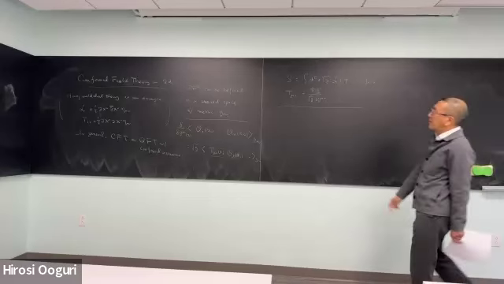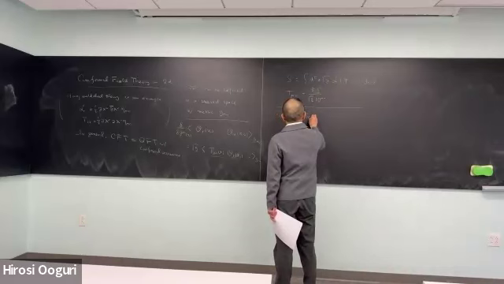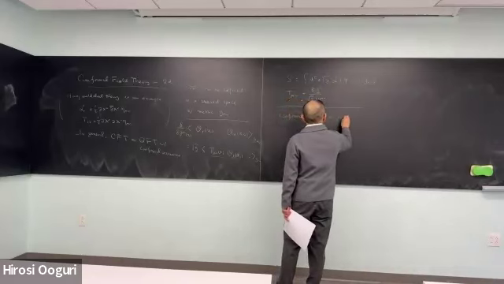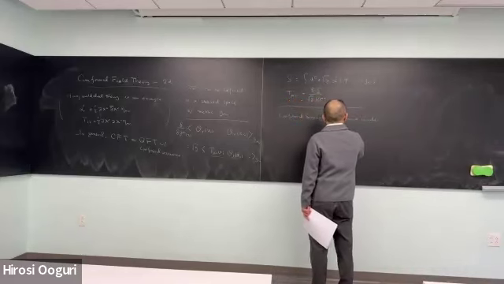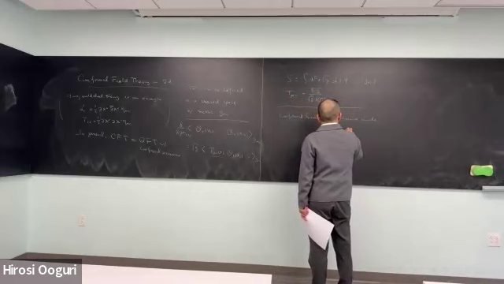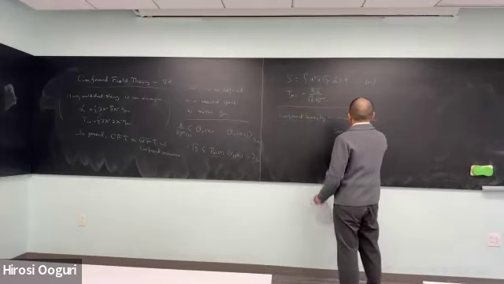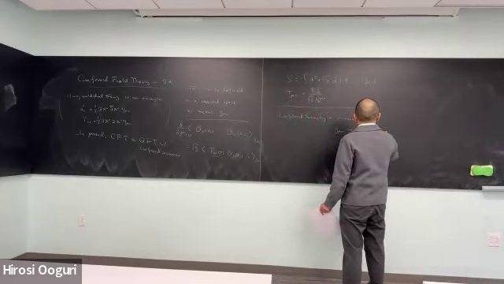Okay, what does conformal symmetry mean? The conformal symmetry is invariance under g_{mu nu} goes to e^{2 phi(x)} g_{mu nu}.